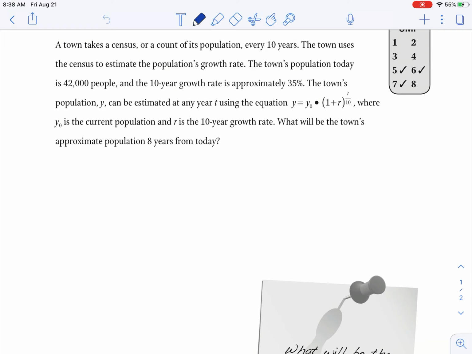The town's population can be estimated by this formula, where Y sub 0 is the current population and R is the 10-year growth rate, equals 1 plus R, to the T divided by 10. Now, a couple things here. R is your rate, so our rate is 35%.